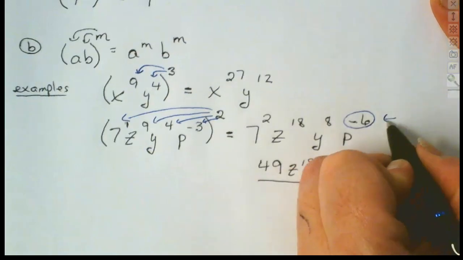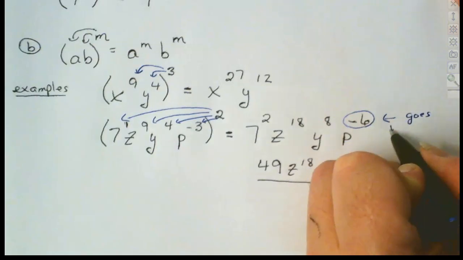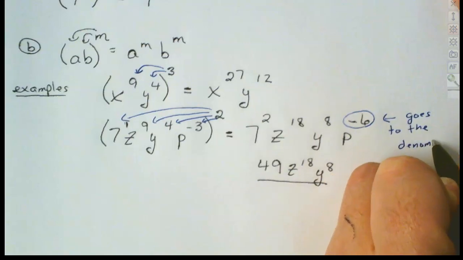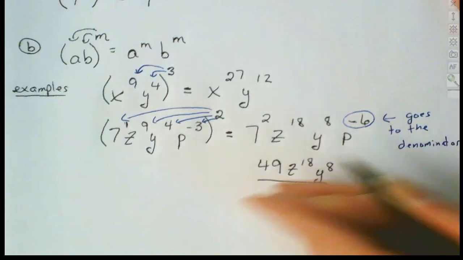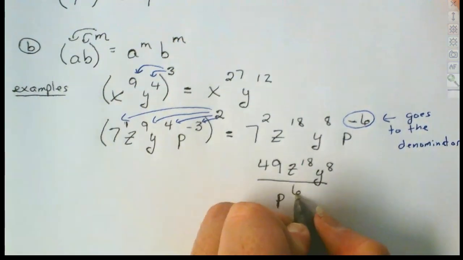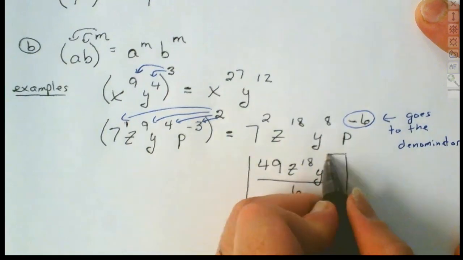Well, that means it goes to the denominator. So that's going to go down below for my final answer as p to the 6th. So that required us to use our negative exponent rule.